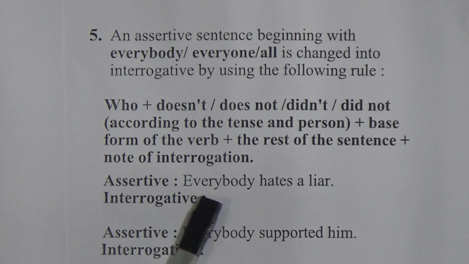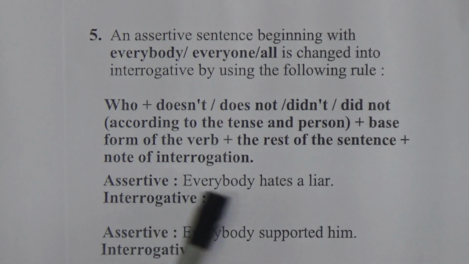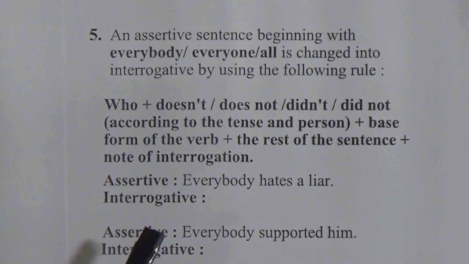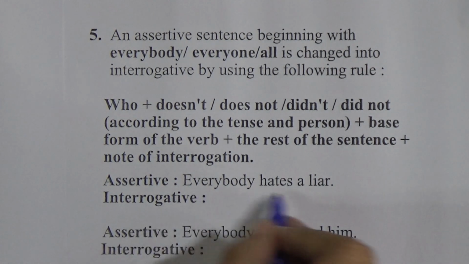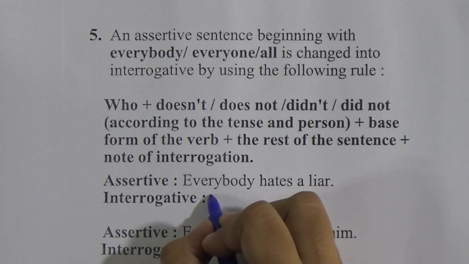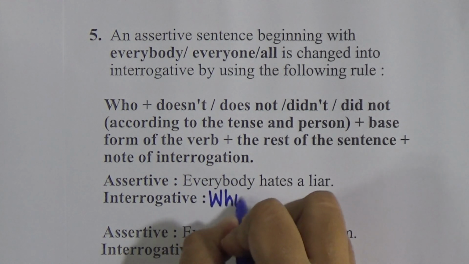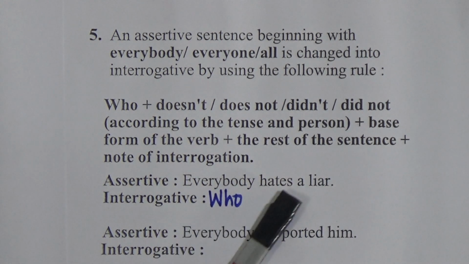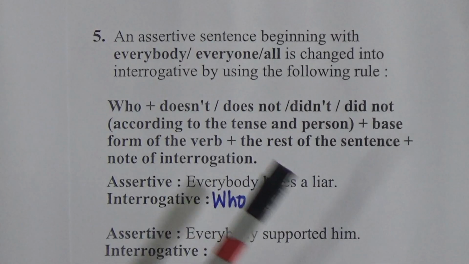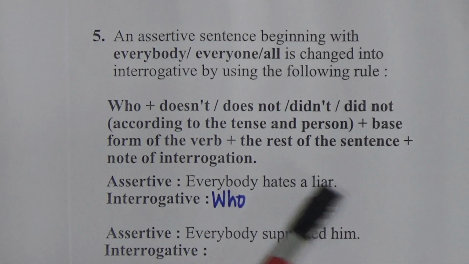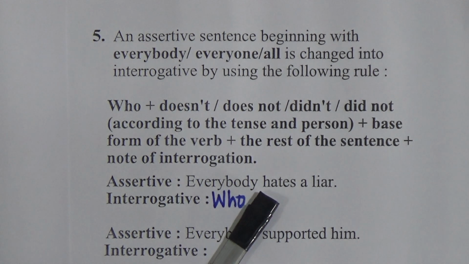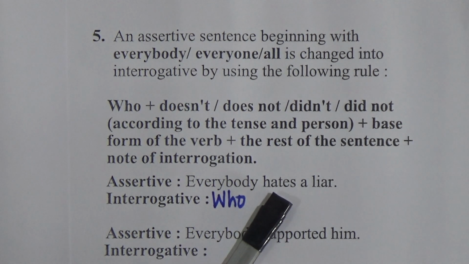Now look, everybody hates a liar. Everybody hates a liar. So we will start with who. The sentence starts with everybody or everyone. So we will write here who at first. Now look, everybody hates a liar. So who, then now look, hates a liar, hates. There is the s at the end of the verb.